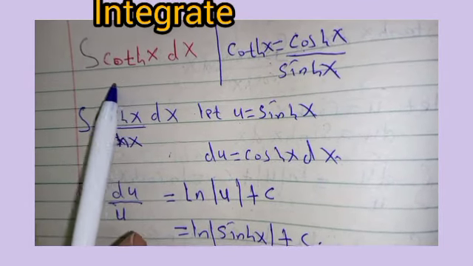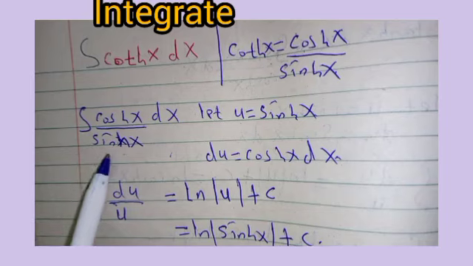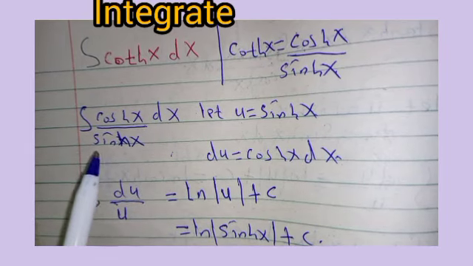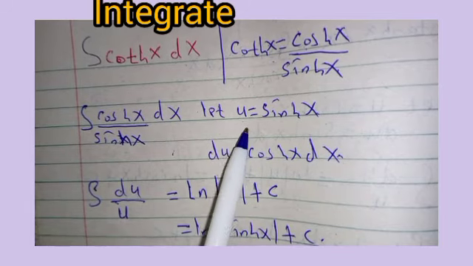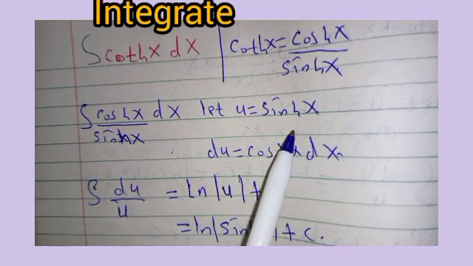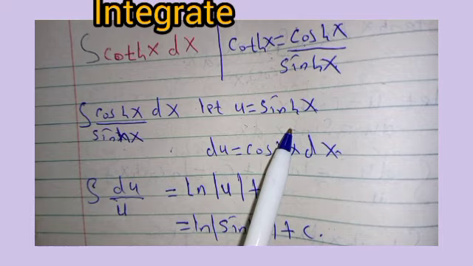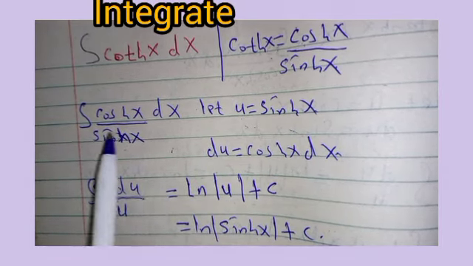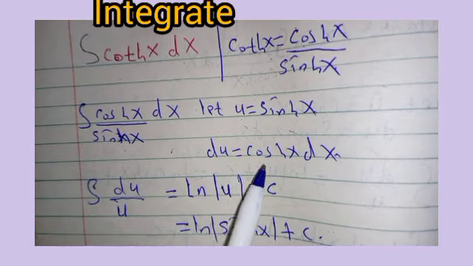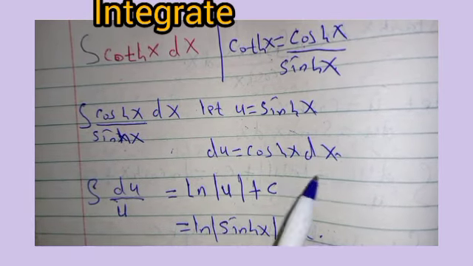Then instead of hyperbolic cot of x, you write it in the form of hyperbolic cos of x divided by hyperbolic sine of x. You let your denominator be equal to hyperbolic sine of x. Then you differentiate hyperbolic sine of x, and it will give you hyperbolic cos of x dx.